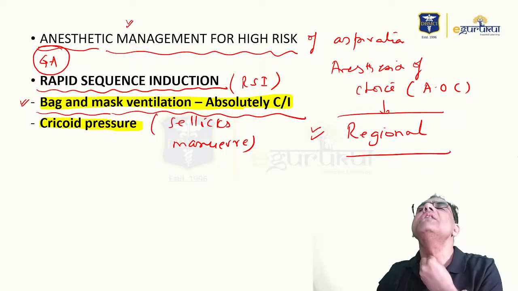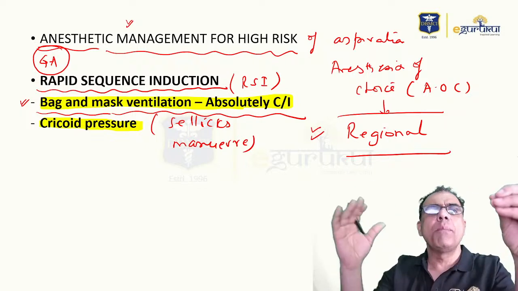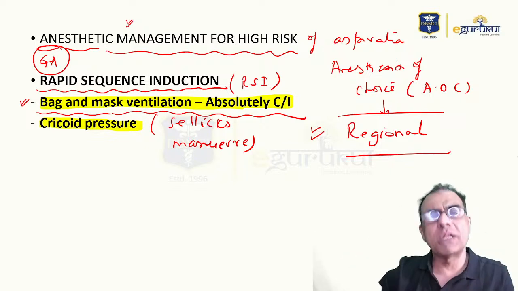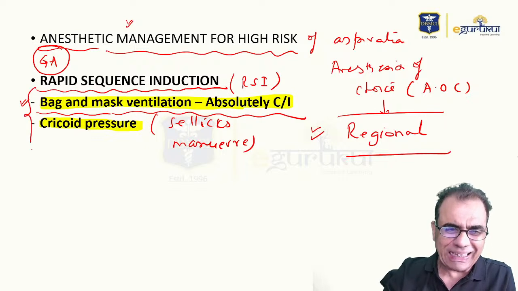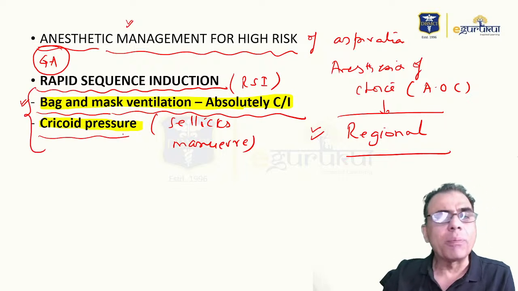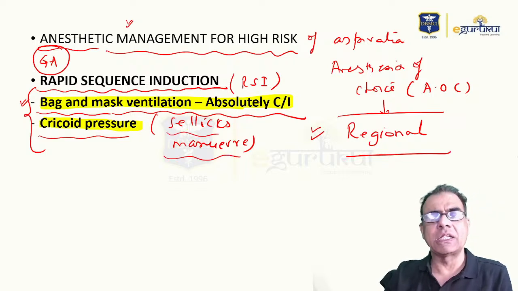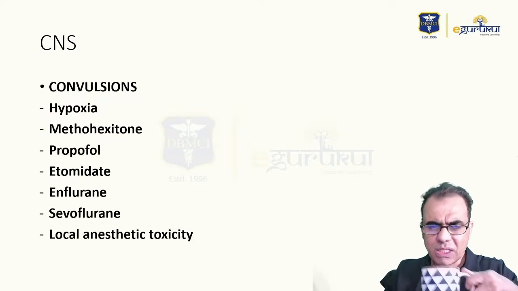Cricoid pressure means he or she will push the cricoid posteriorly, which compresses the esophagus between the fingers and the vertebral column. So when the esophagus is compressed, the patient will not be able to aspirate. These are the two different things: we apply cricoid pressure, do the Sellick maneuver in these patients, and bag and mask ventilation must not be done for these patients.